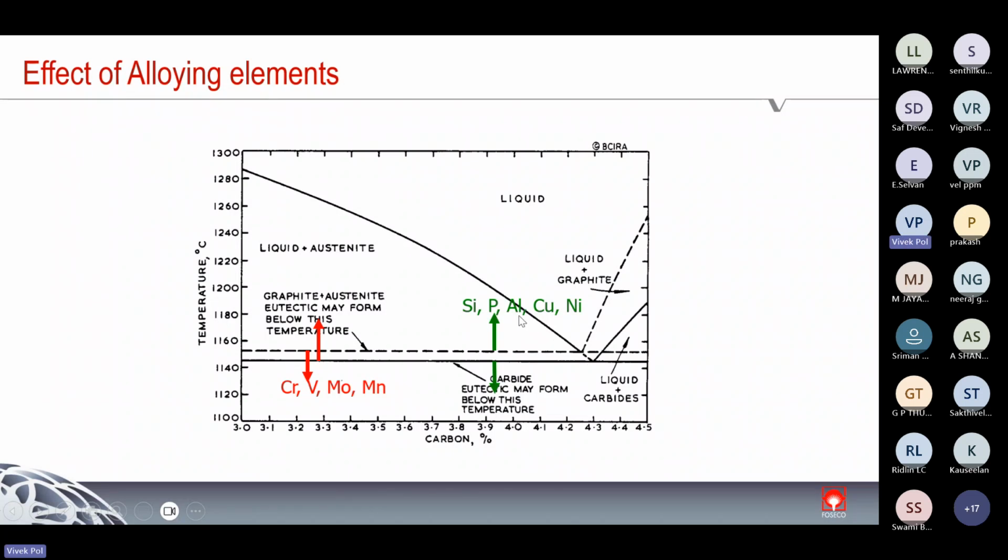And inoculation actually helps in this way, because inoculation which has silicon creates more gap between these two lines, and in thermal analysis this line indicates TE minimum, the eutectic minimum temperature. So with potent inoculants and good melting practices, we can see the eutectic minimum temperature line is on the higher side, like the temperature is on the higher side.